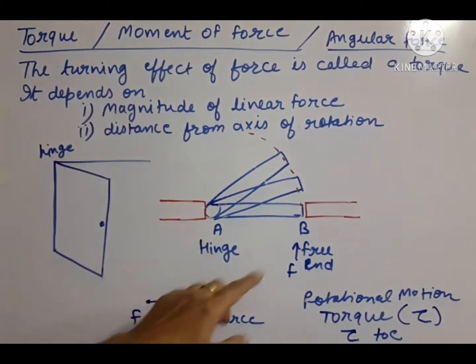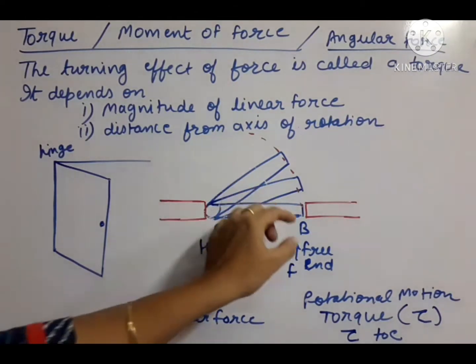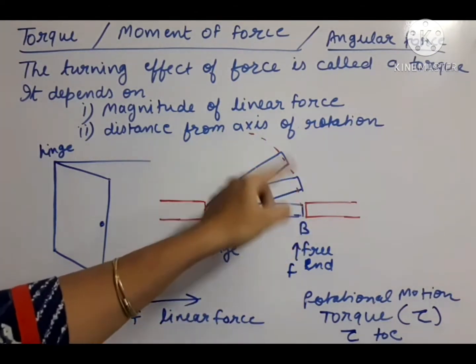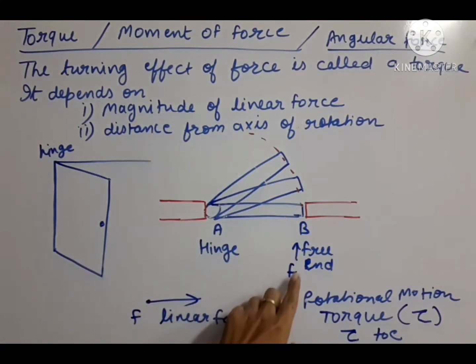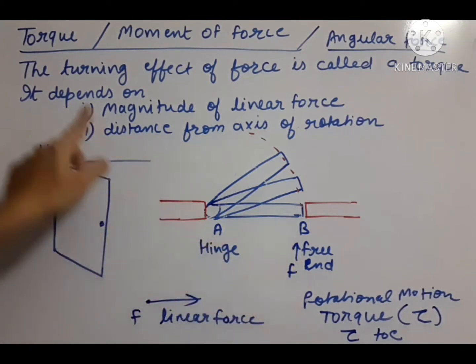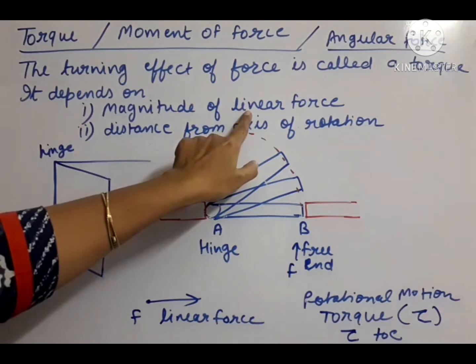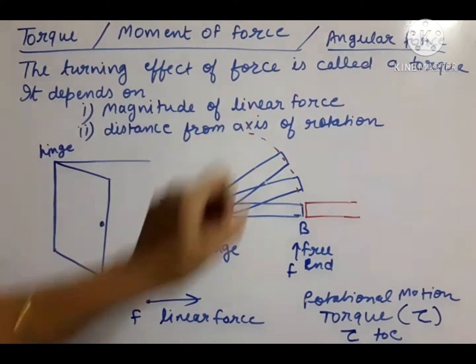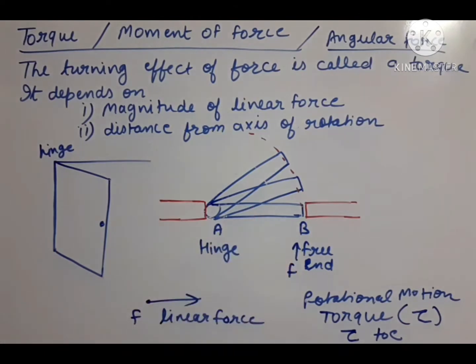Now what are the quantities which are required to move the body angularly, or to provide the rotational motion? As you can see, one is the force required. Firstly, the force is needed, and secondly, does it matter where we apply the force?